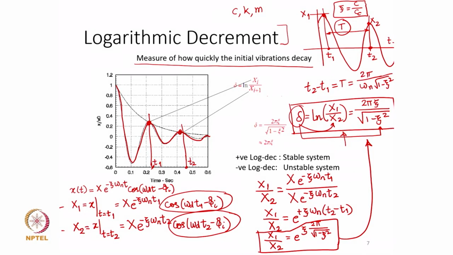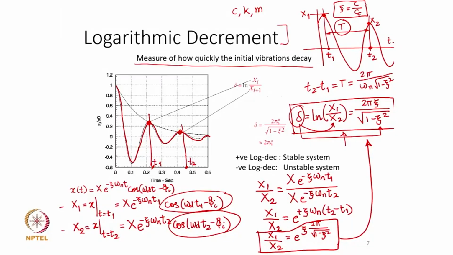And if the system has a low level of damping, let us say less than 0.5, which typically is the case, most of the time our mechanical vibratory systems, I have been saying that the damping is in fact less than 0.1, all structural members do not have very high levels of damping.